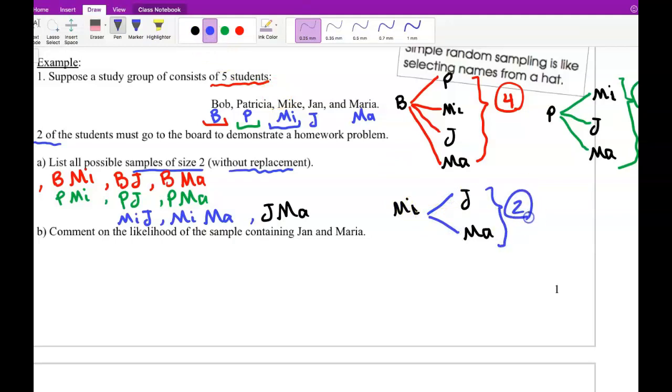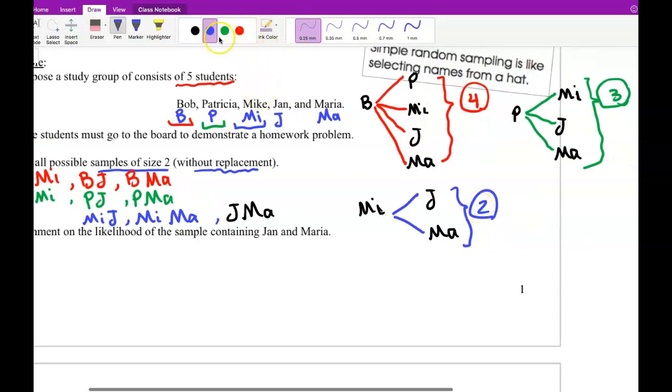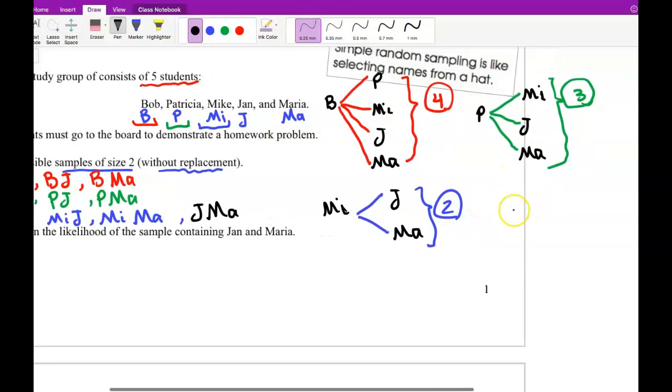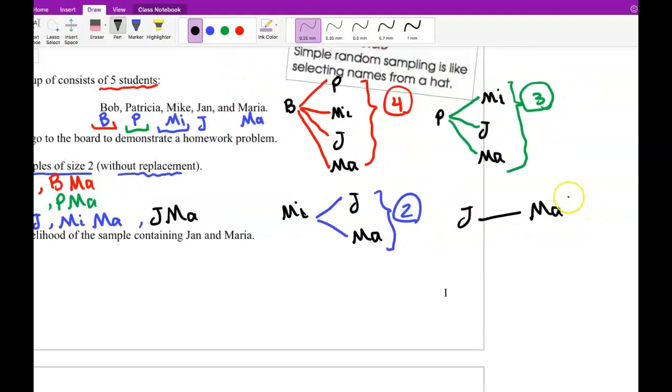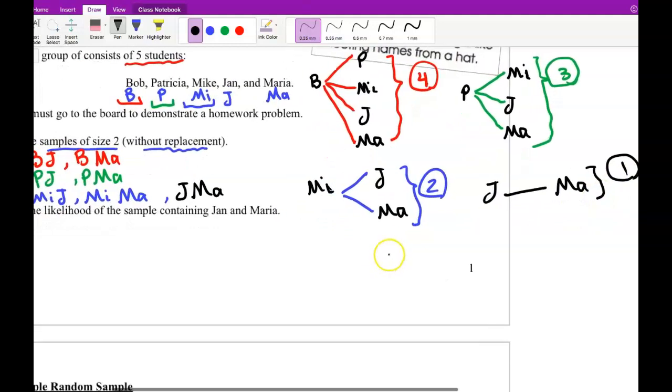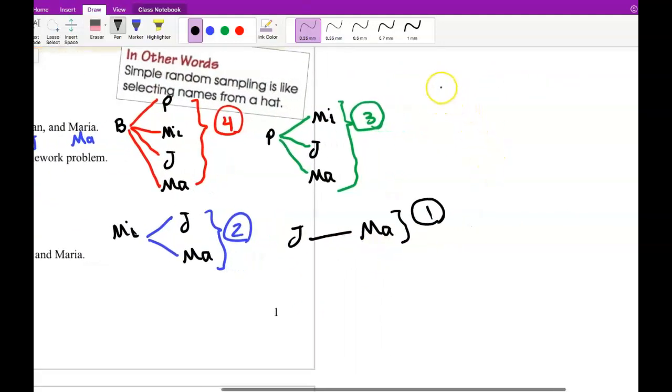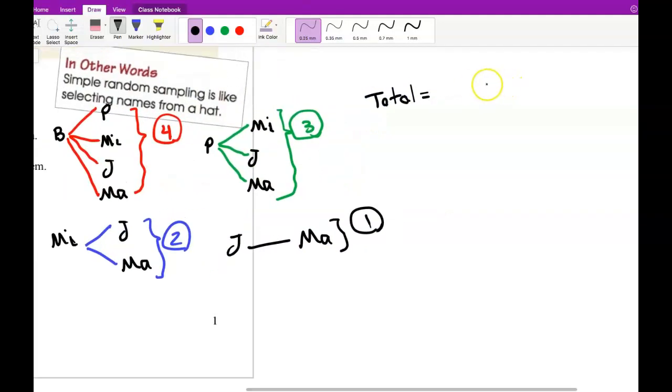Now for this part we have 2. And the last one, we only had 1, so Jane, Maria. And in total, we have 4 plus 3 plus 2 plus 1.